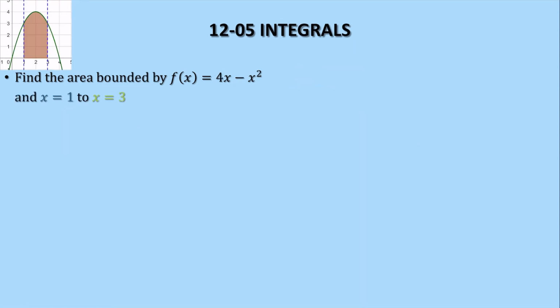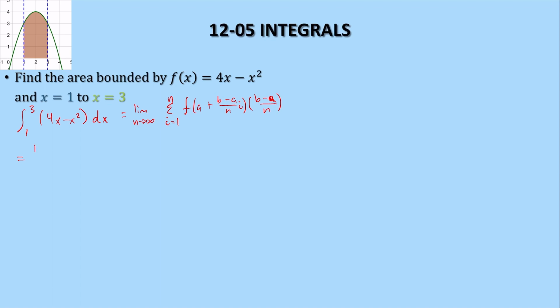Let's find the area between this nice parabola and the x-axis, between 1 and 3. So in other words, I want the shaded area in this graph. So that is the same as an integral from 1 to 3 of my function with respect to x. But that's going to equal the limit as n approaches infinity of our sum of f of a plus b minus a over n i times b minus a over n.